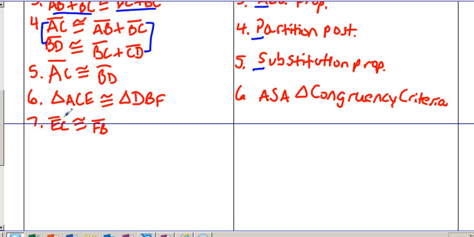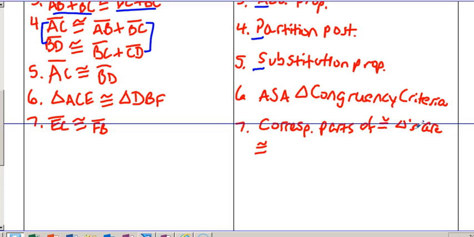Those are both corresponding parts of congruent triangles. And we can then say, I will abbreviate, corresponding parts of congruent triangles are congruent.